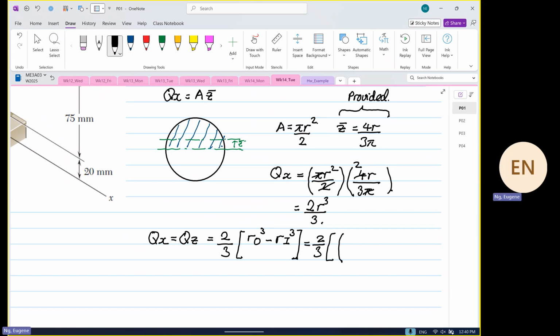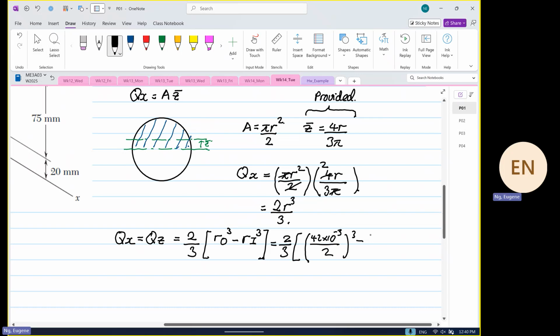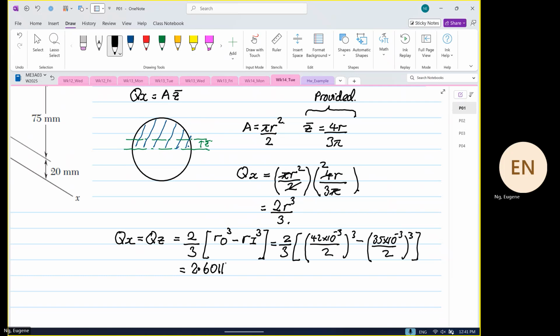So you have 45 times 10 to the power minus 3 over 2 cubed minus 35 times 10 to the power minus 3 over 2 cubed. So at the end of the day, this will be equal to 2.6011 times 10 to the power minus 6 meter cubed. Okay.